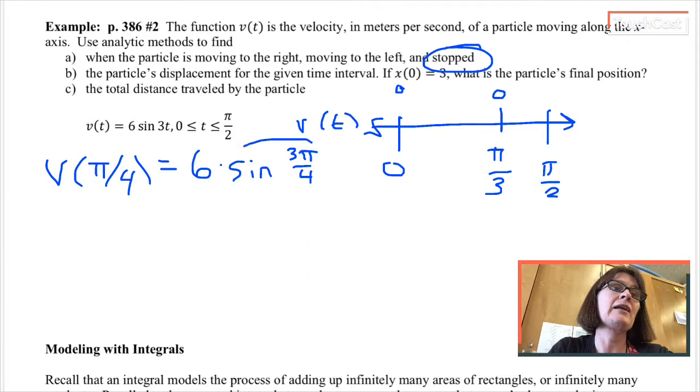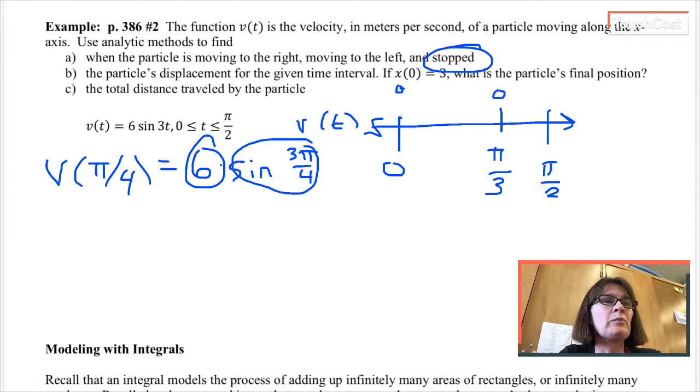So the sine of 3 pi over 4 is positive square root of 2 over 2. I'm going to multiply that by 6. What's really important is that the result is positive. You could check, but I'm going to promise you that if I pick a number between pi over 3 and pi over 2, the sign of sine of 3t has to change when I let t pass through pi over 3. So this is going to be negative.